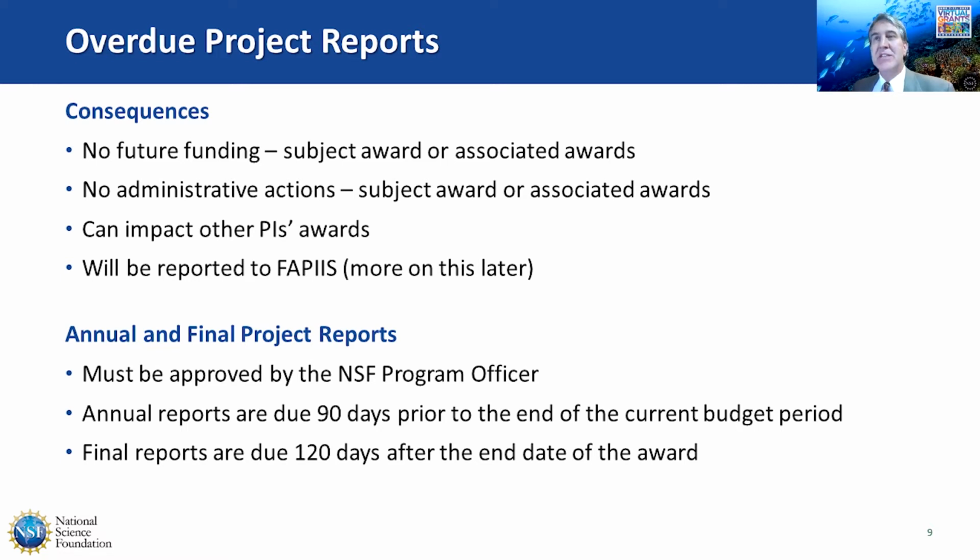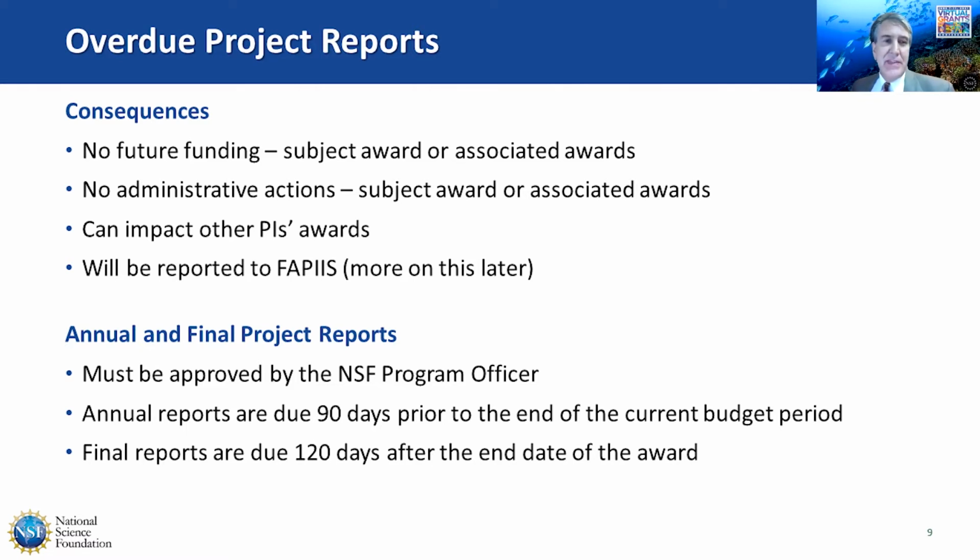So it's not just that one particular award, it's a spider web type of thing where we are looking for those reports to be submitted. It blocks not only funding, but also administrative actions. As you also see there, it impacts other PIs or co-PIs.